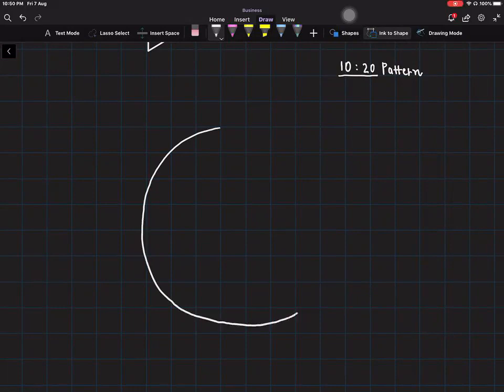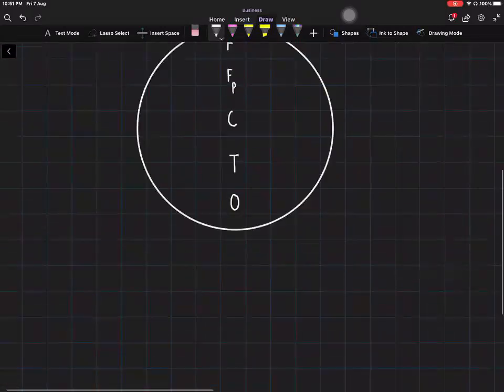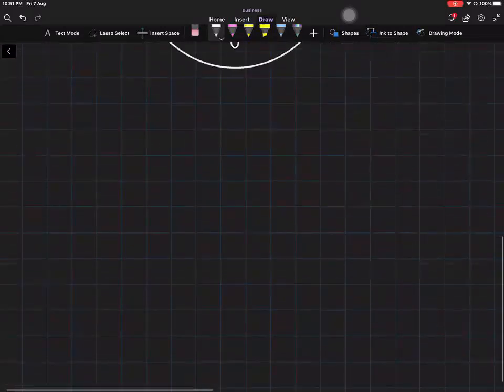So if this is the skull and we are looking at it from the top, then essentially it is divided into F, FP, C, T, and O. F stands for frontal, FP for frontoparietal, C for central, T for temporal, and O for occipital.